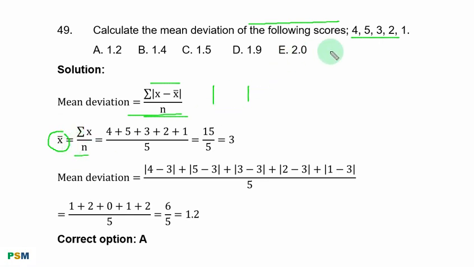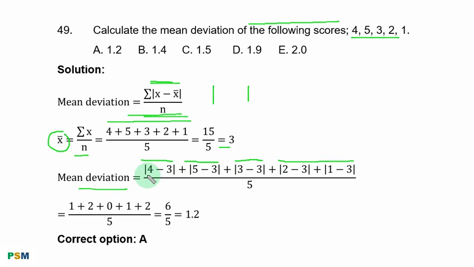We take the scores as S. You add them together, divide by 5. That is 15 over 5 equal to 3. Therefore, mean deviation is equal to, you come here, the first S is 4 minus the mean 3 in this form, plus the second S 5 minus the mean, plus the third S 3 minus the mean, and so on, over 5.